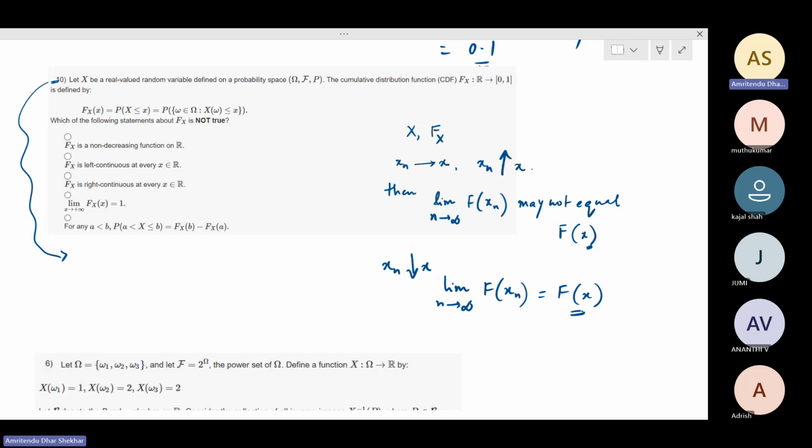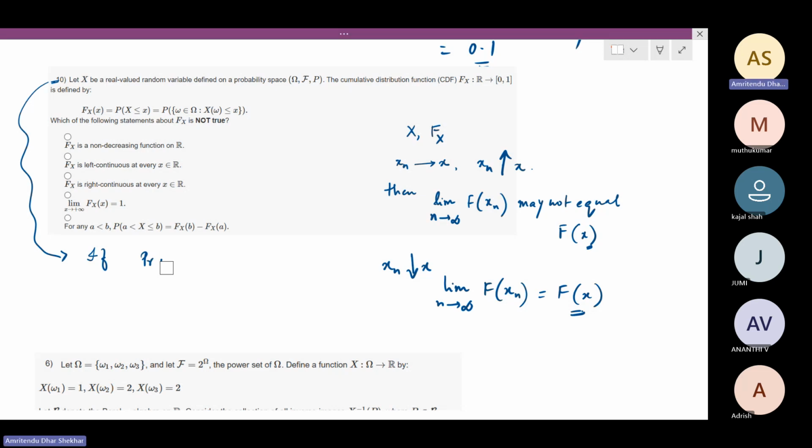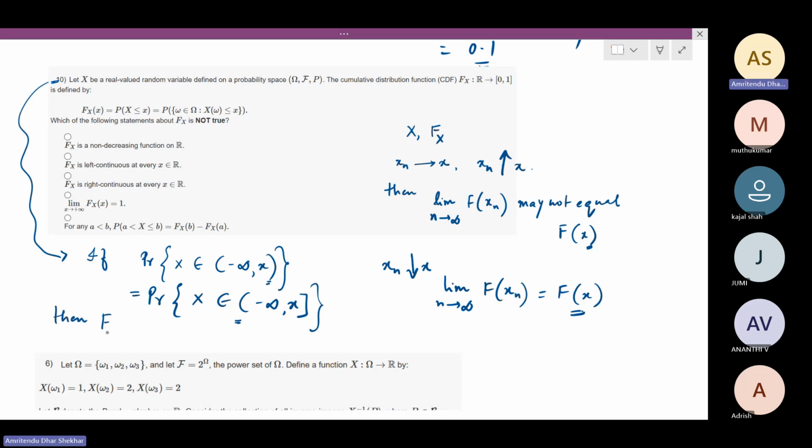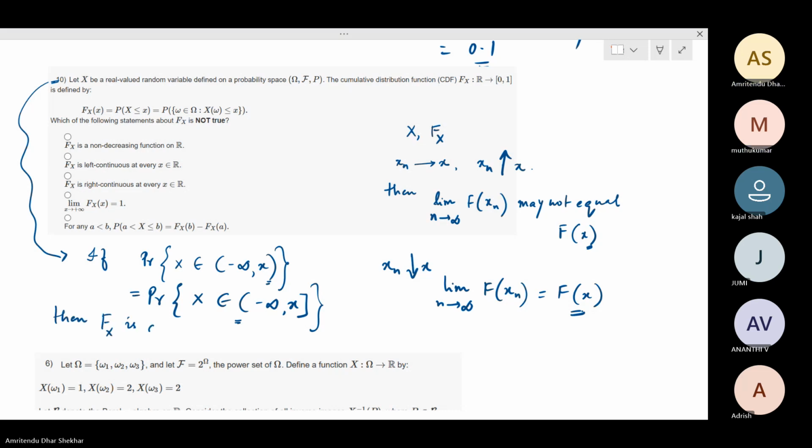If the probability of x belonging to the open interval minus infinity comma x is equal to the probability of x belonging to the closed interval minus infinity comma x, then F of x is continuous at x.